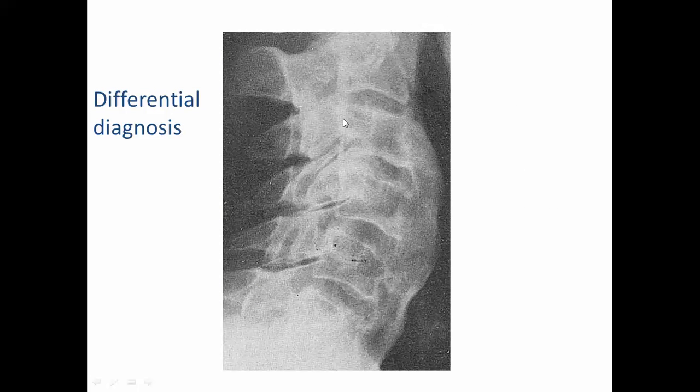And the differential diagnosis is the hyperostosis, ankylosing hyperostosis of the spine, or we call it DISH, the diffuse ankylosing hyperostosis.